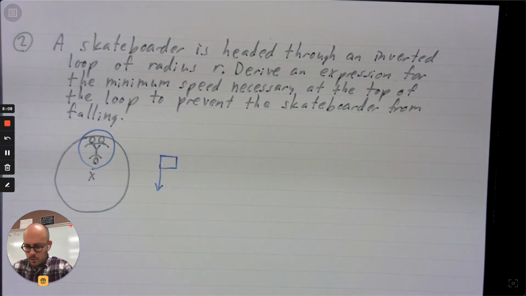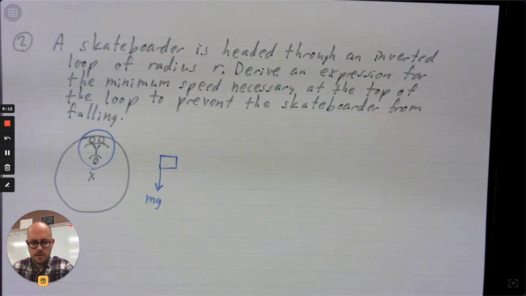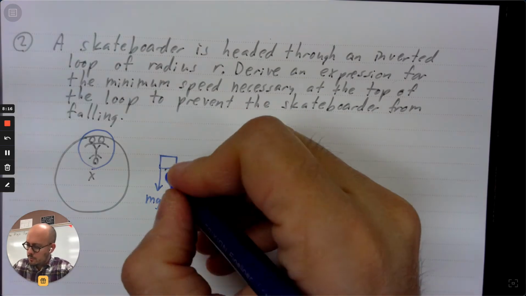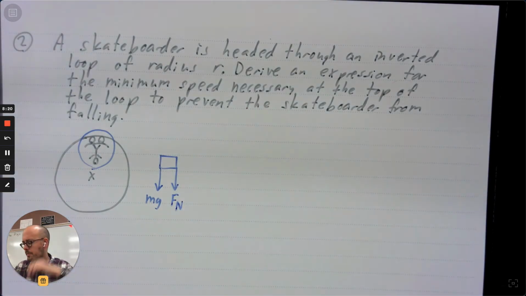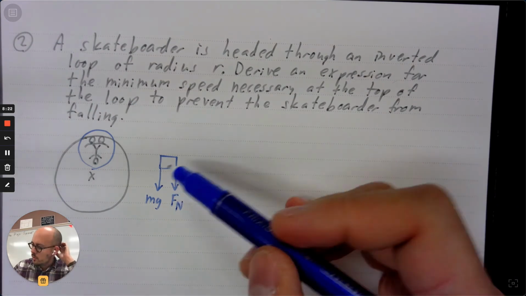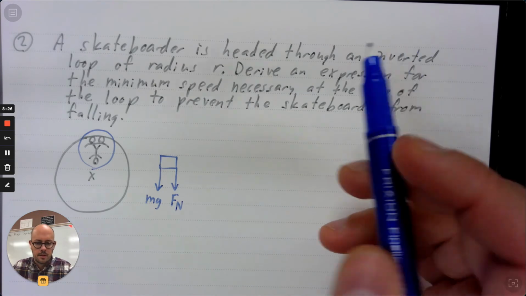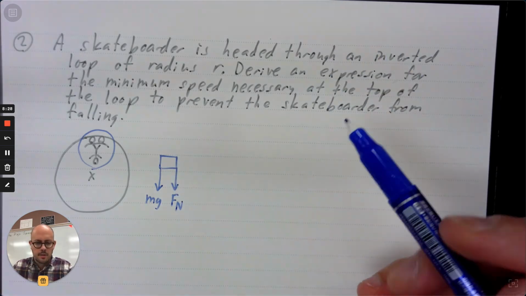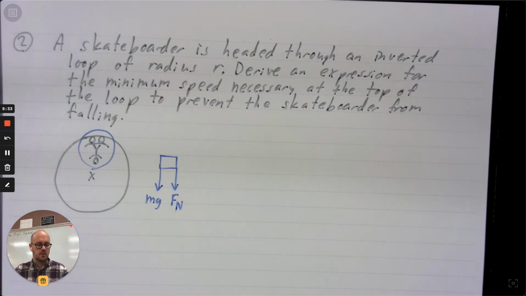Well, in this situation, we have the force of gravity on the skateboarder. And then because the loop is literally above the skateboarder, the normal force also points down. You don't have to do this, but when you know you're going to have multiple forces in the same direction, I sometimes like to draw the object as a box just so I have more space in my diagram to show my work.